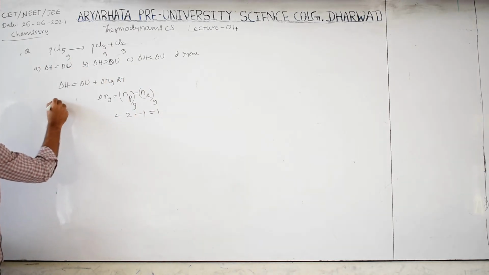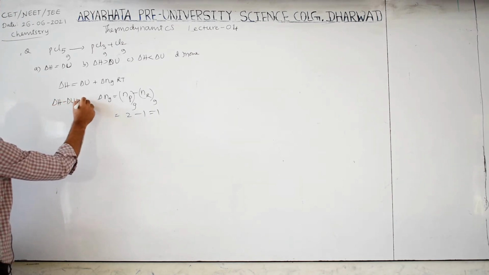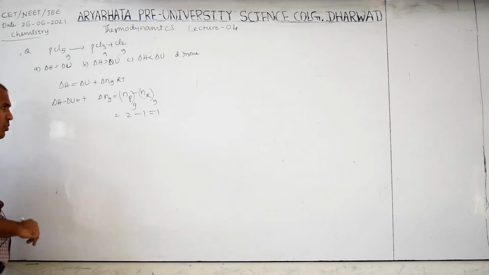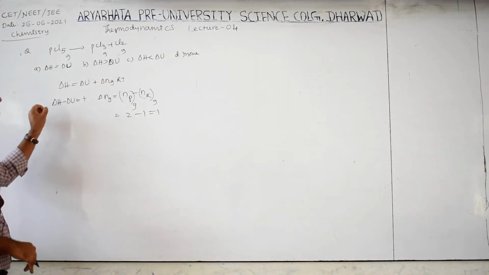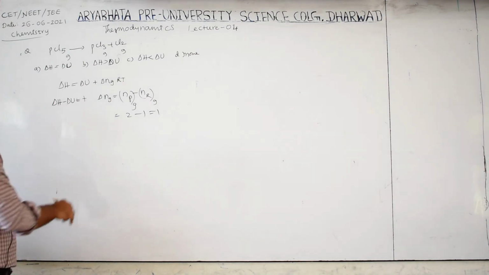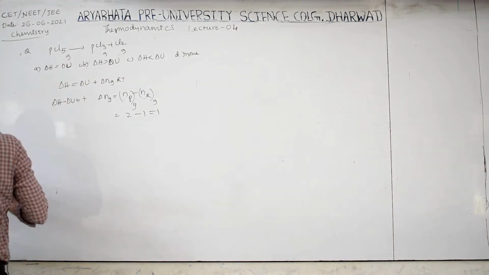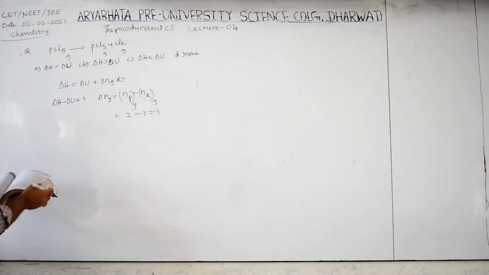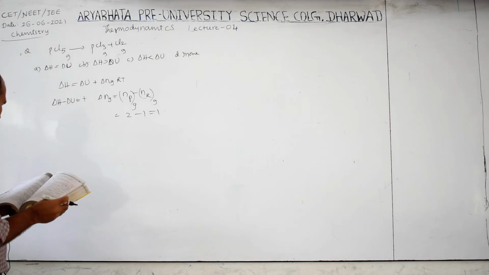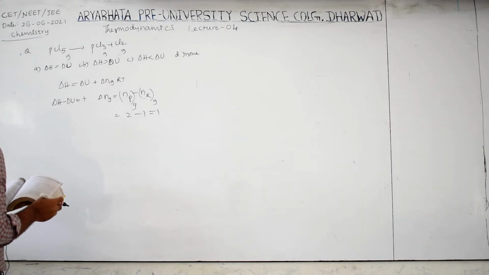So delta H minus delta U is equal to some positive value. To get a positive value, the right side is positive, so delta H should be greater. Delta H is greater than delta U. So that is option B. Next, which of the following relationships is correct for the following exothermic reaction carried out at constant pressure?